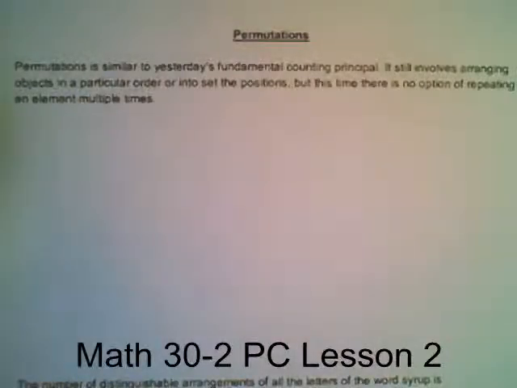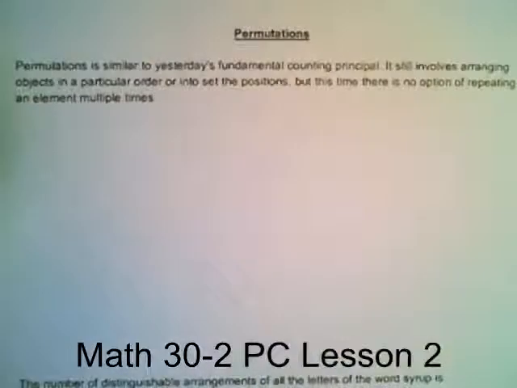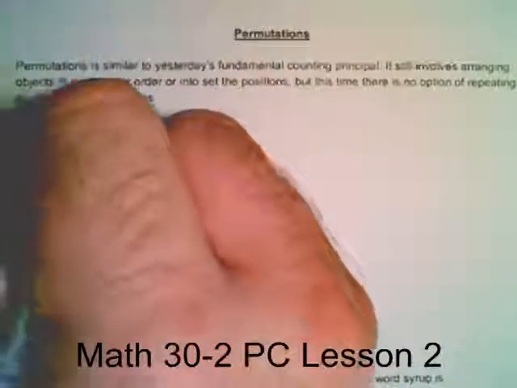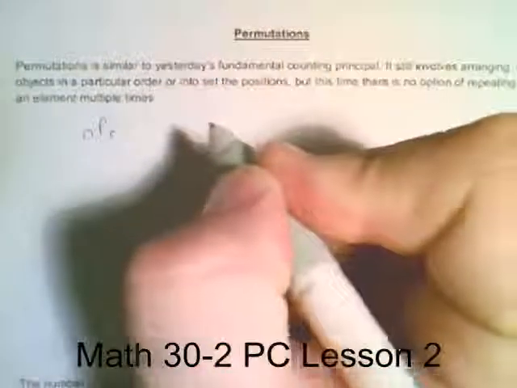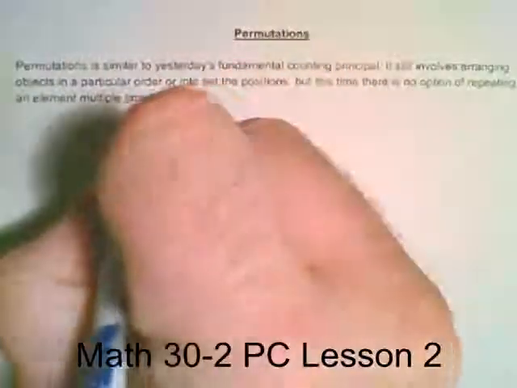Now with permutations, you can have a variety of different possibilities. The format looks like this: nPr, n pick r.